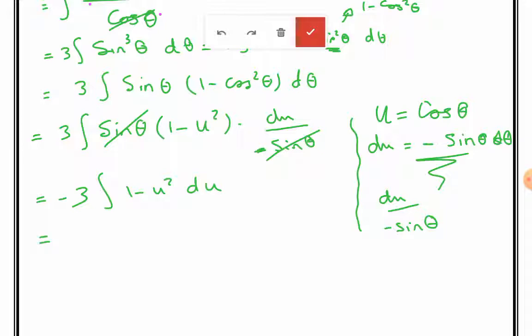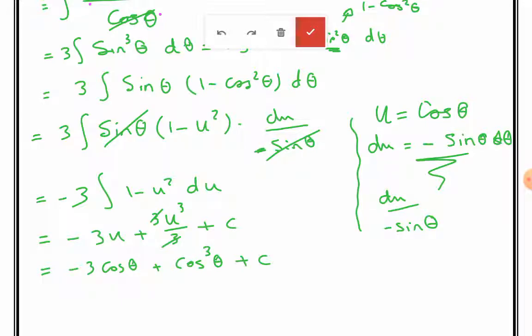Final answer is negative 3u, and then positive 3u cubed over 3, and cross out 3 with 3, plus the c, and then return back your variable as cosine. Negative 3 cosine theta plus cosine cubed theta plus c.